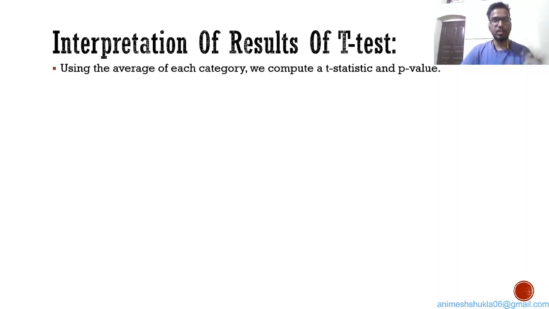So based upon the average of each category, we will compute the t statistic and p value. But now the most important thing is how to understand the p value and the level of significance.